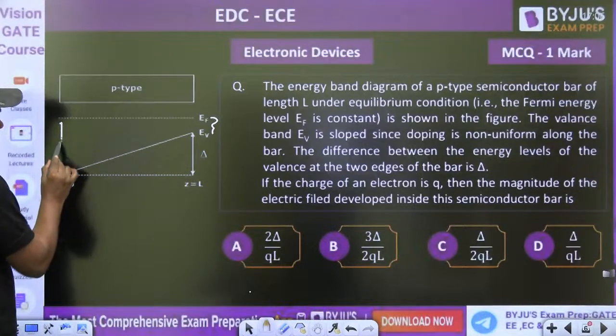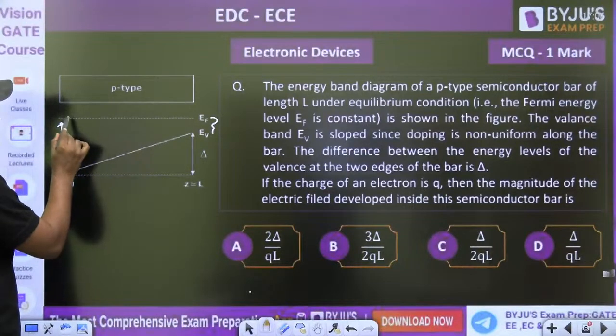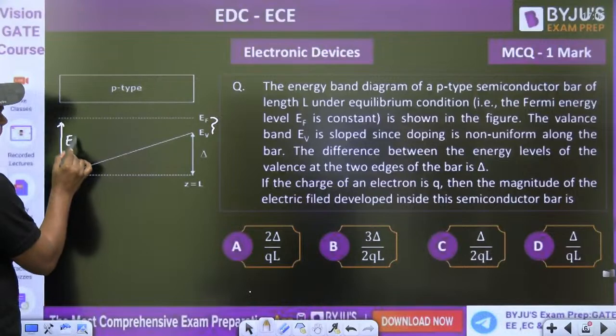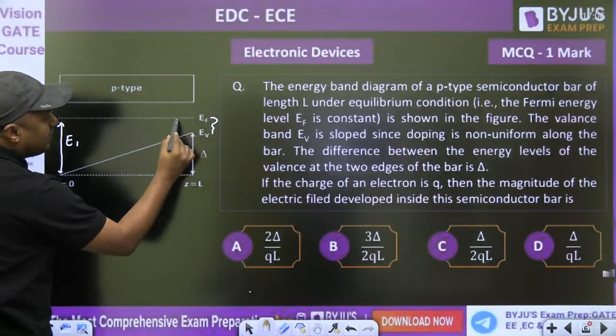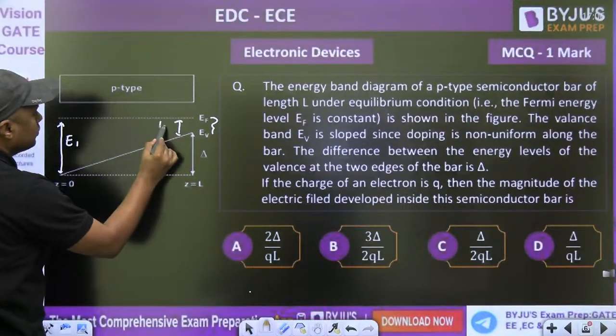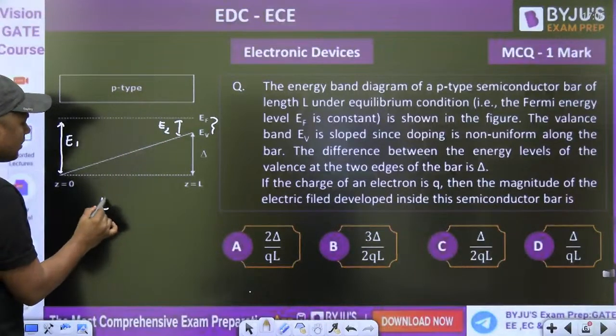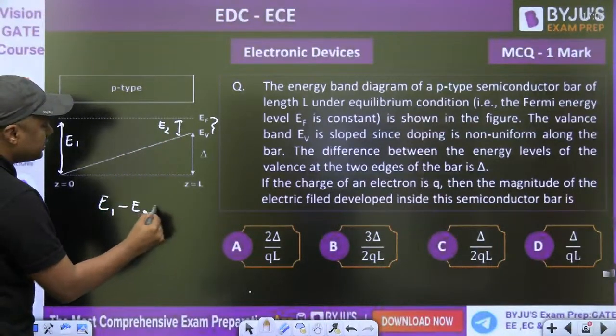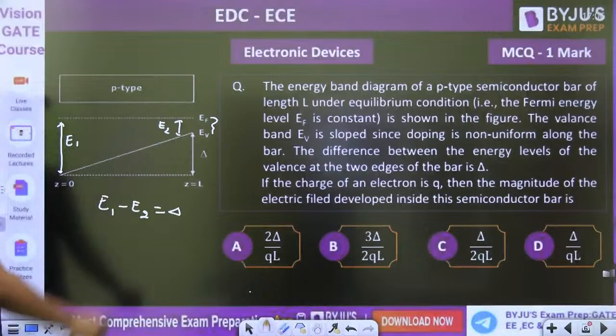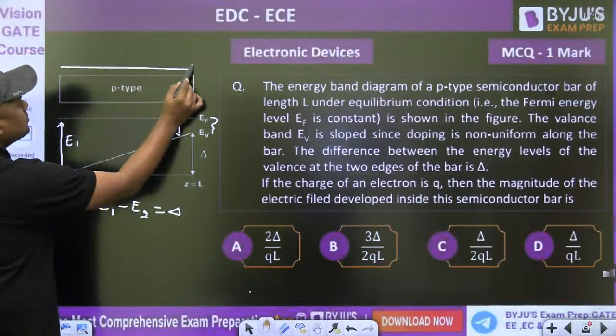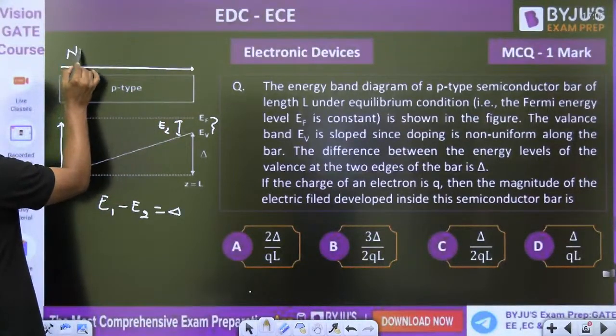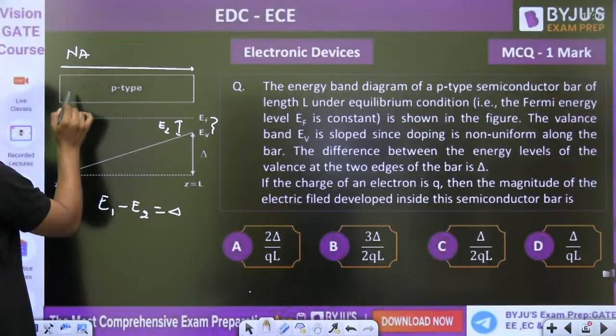Now, this is the gap, right? Here we have the gap between EF and EV, this is E1. Here we have the gap E2. E1 minus E2 is del. Means when we move from this point to this point, we are increasing the concentration of Na, our impurity.